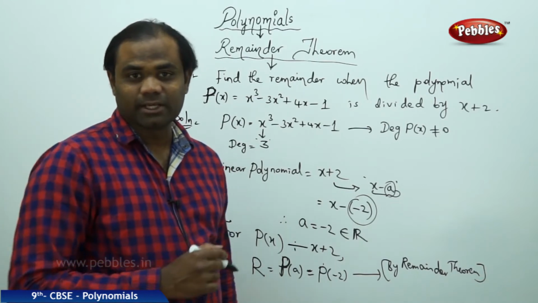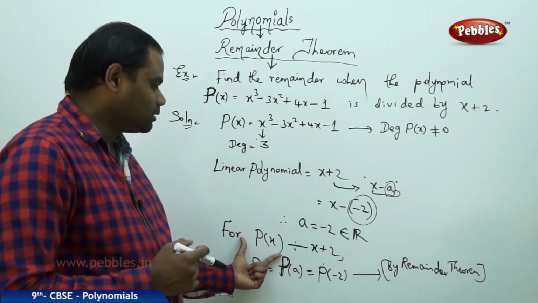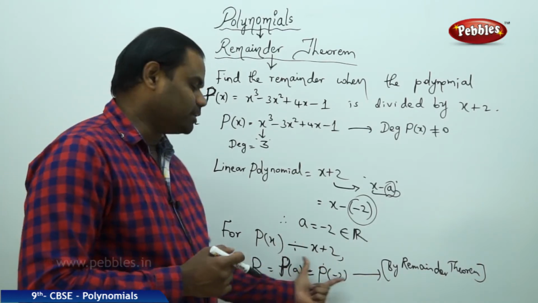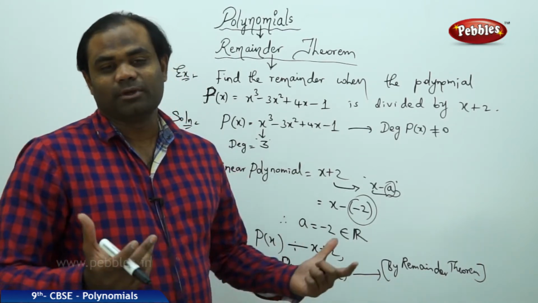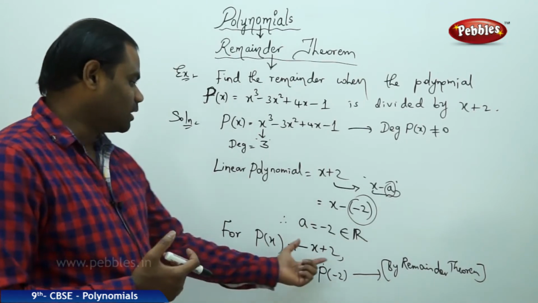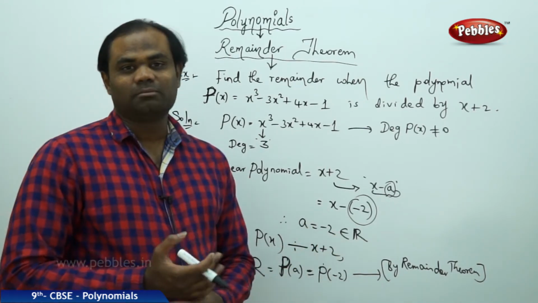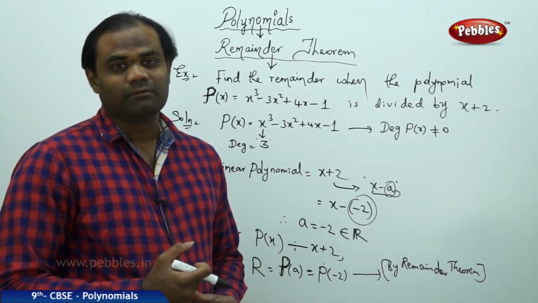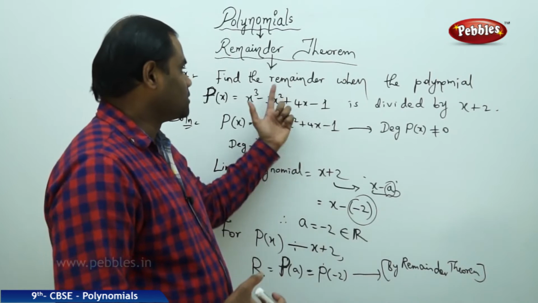Remainder theorem clearly says that when a polynomial which is non-zero degree is divided by a linear polynomial, the remainder is f of a or p of a. And in this case, a being minus 2, it is p of minus 2. Without any long division method process, we can directly find the remainder using remainder theorem.